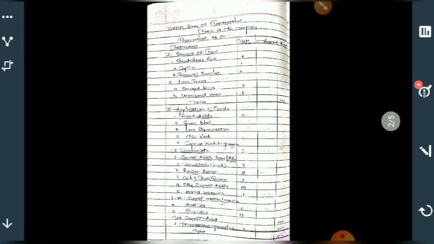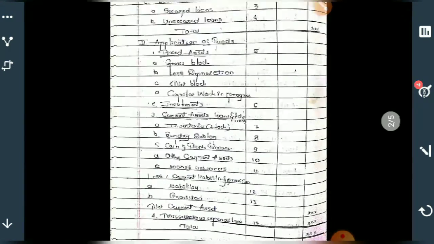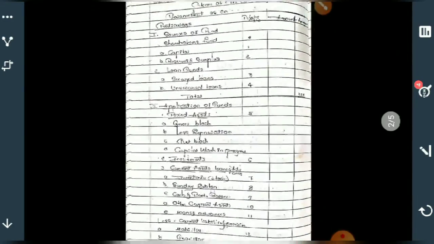Liabilities and assets, liabilities amount, assets amount, in that manner horizontally. But now you have to study the vertical format of the balance sheet. So you have to write the balance sheet in a vertical manner, that's all. This is also in one page, and you have to note it down first as a format.